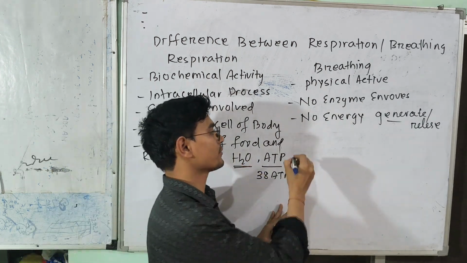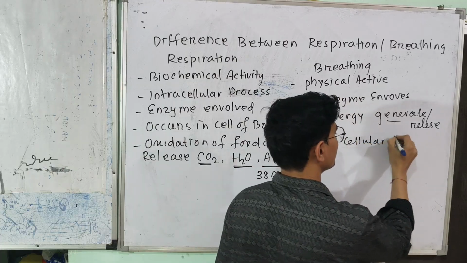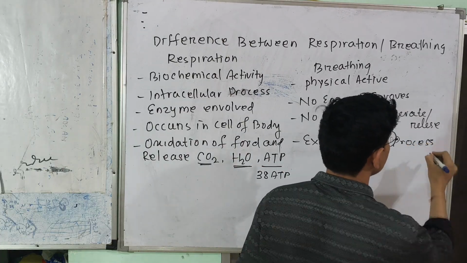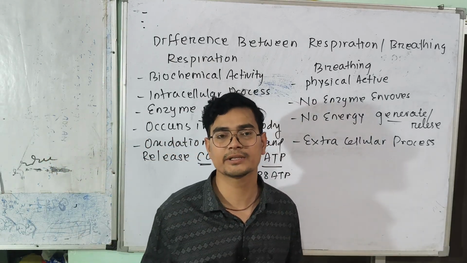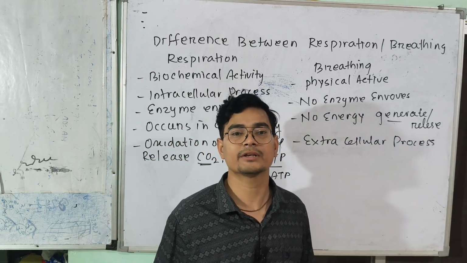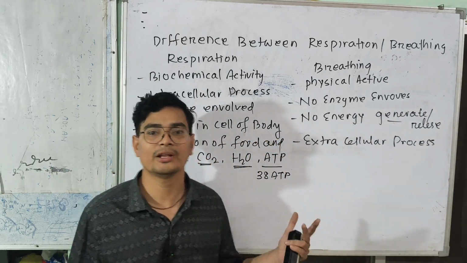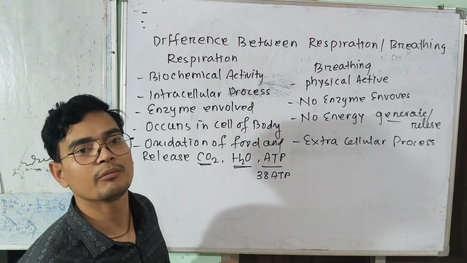It is an extracellular process, exchange of gas. It is performed in our organs, the lungs, which perform exchange of gases. There is a balloon-like structure called alveoli. In the alveolar sacs, carbon dioxide and oxygen are exchanged with the blood capillaries.